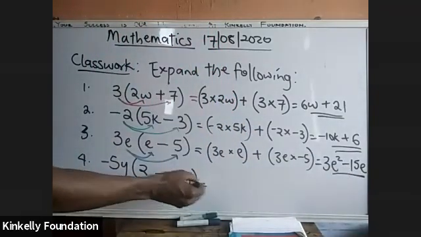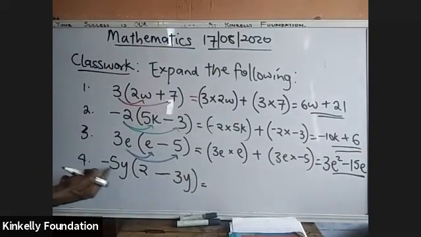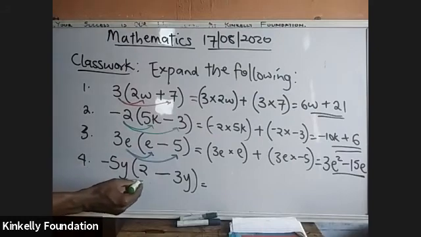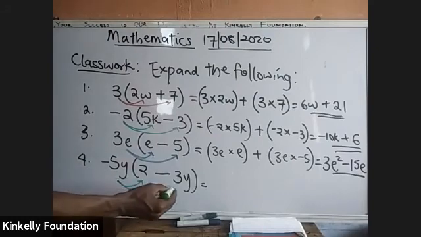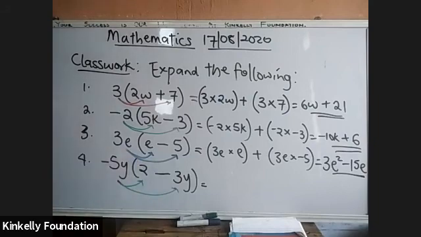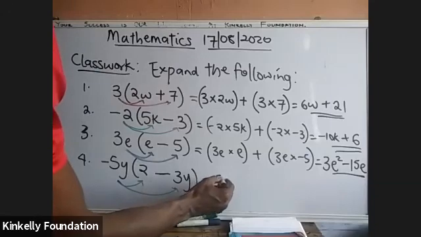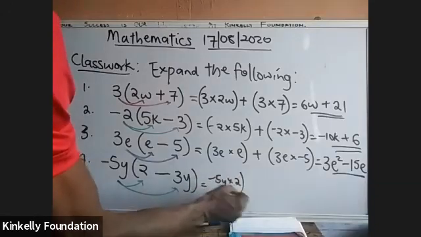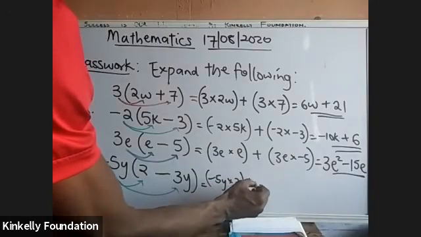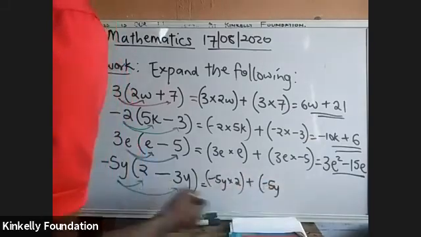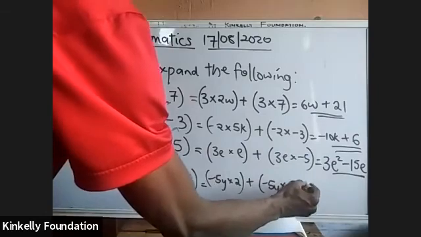The last but not the least, minus 5y, we multiply this. You know how we do it? Minus 5y multiplies this, and this one multiplies this. So we now have something like minus 5y times 2 plus minus 5y times minus 3y.